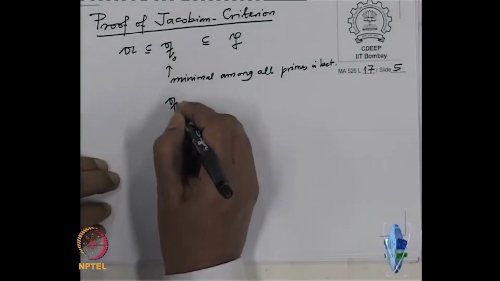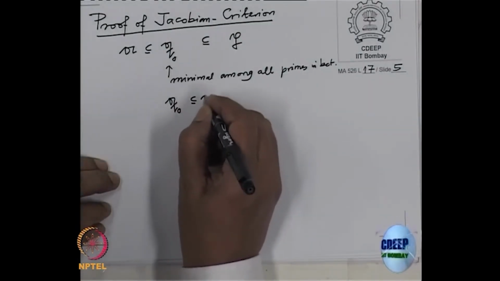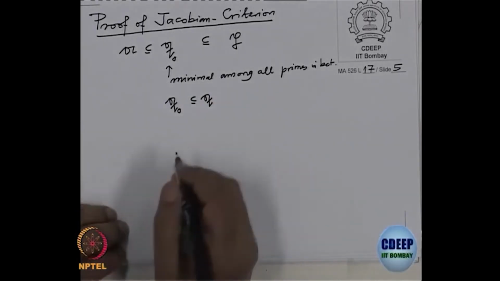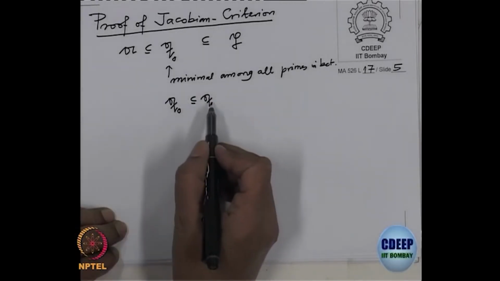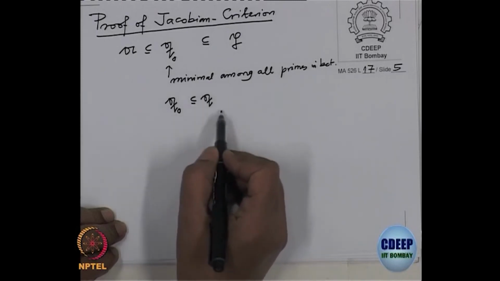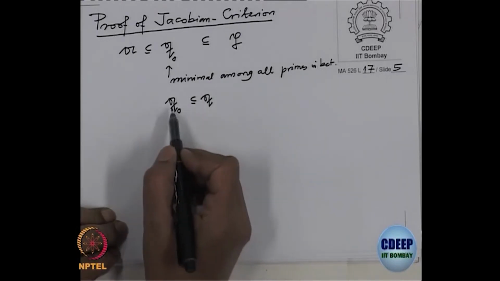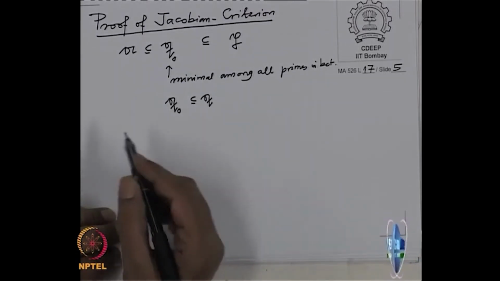But we want to prove it about Q. So Q naught will be contained in Q. We wanted to prove the inequality for Q, but I want to reduce it to the case of proving it for Q naught.